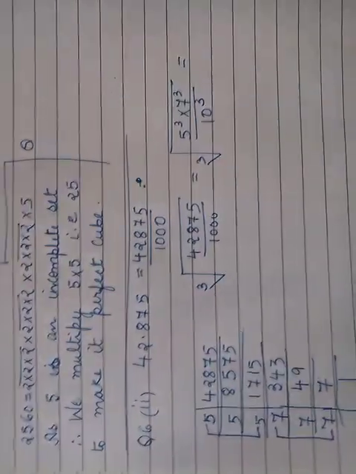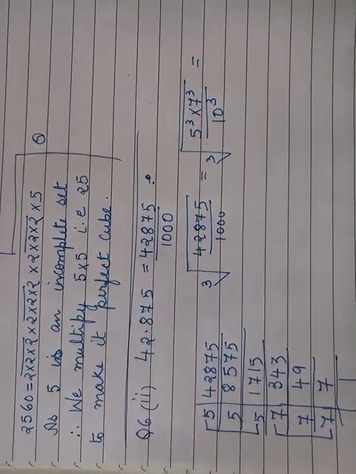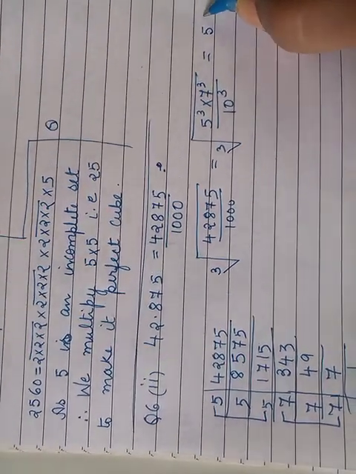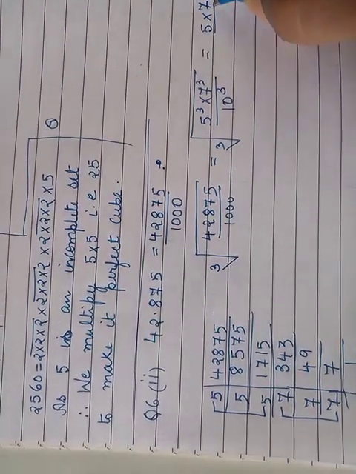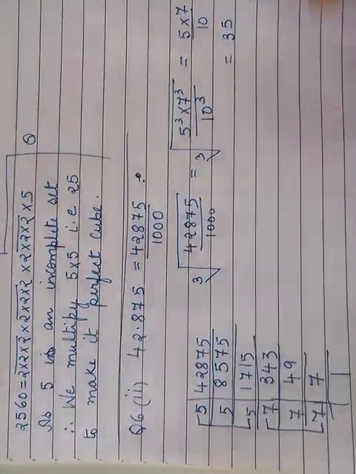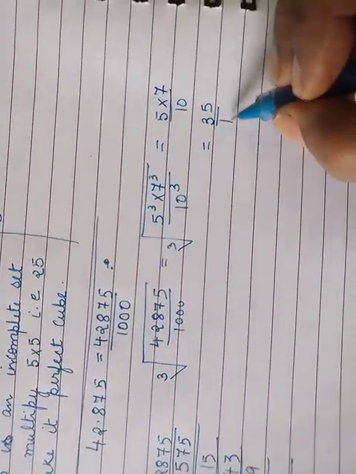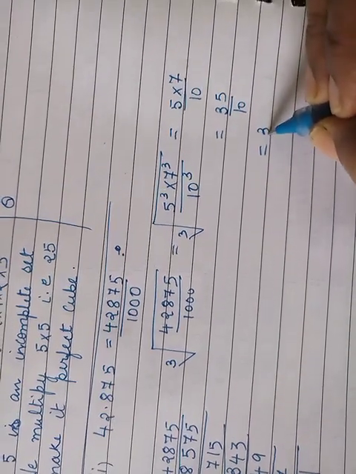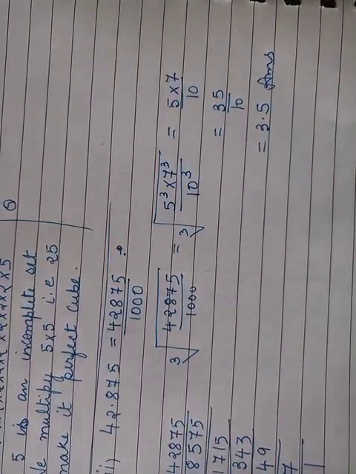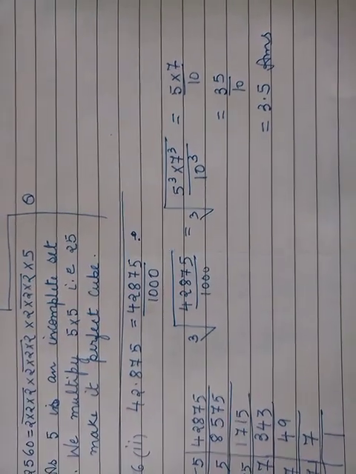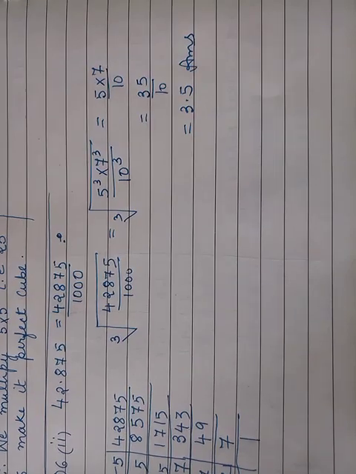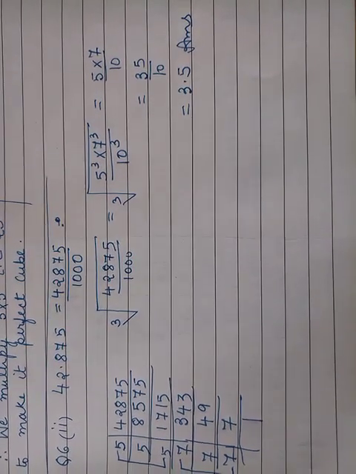The moment we have written it in a cube, the cube root sign will be removed, and what you will get is 5 into 7 by 10. That becomes 35 by 10, that is equal to 3.5. This is your answer. So this is the answer for question number 6, third part.